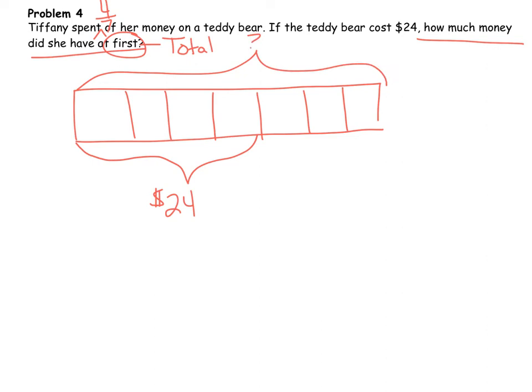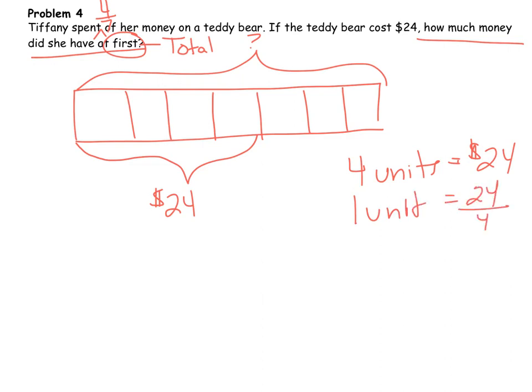So if I know that 4 units equals $24, 1 unit must be 24/4, or 24 divided by 4. Well, 24 divided by 4 is $6. So I know inside each of these must be $6.